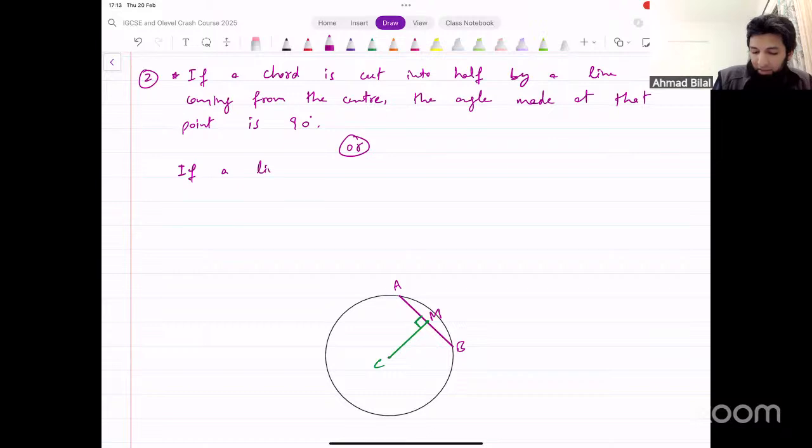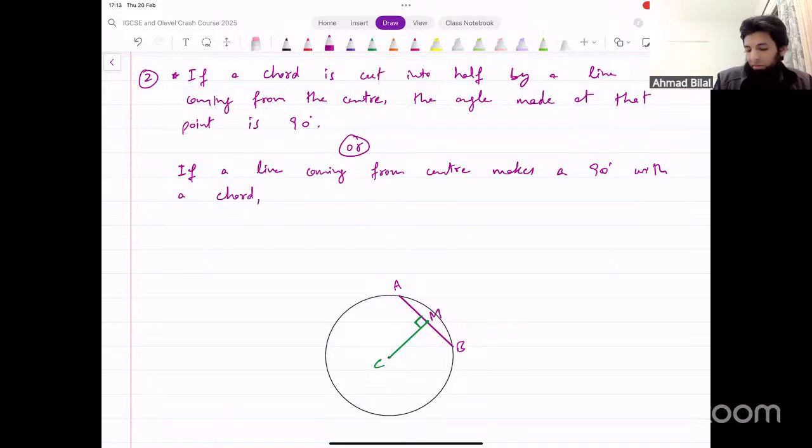If a line coming from the center makes 90 degrees with a chord, the chord will be cut into half at that point.